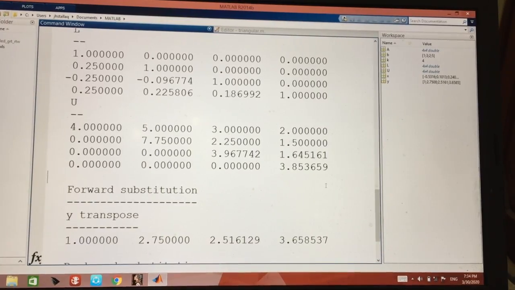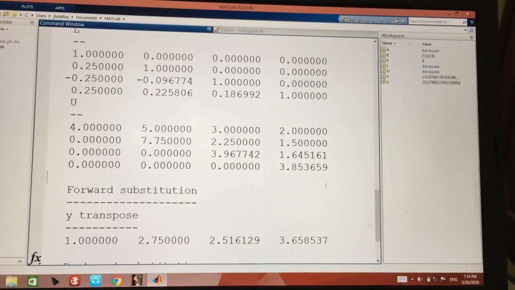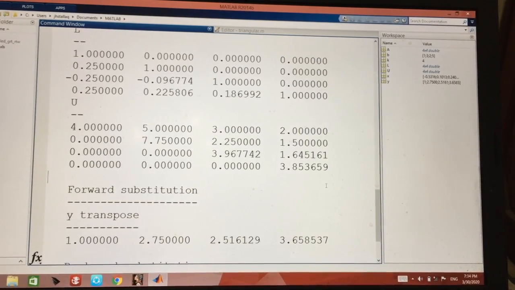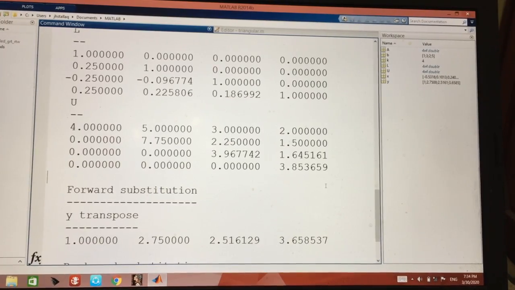Now, to solve this one, we can use forward substitution. Then y1 equals b1, y2 equals b2 minus y1 times L21.